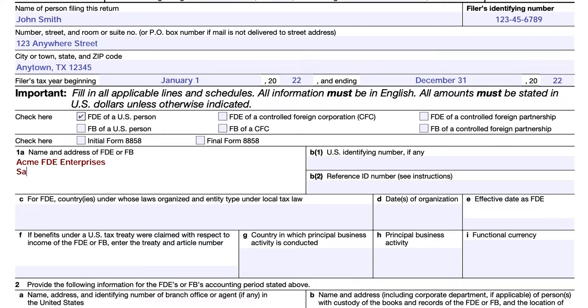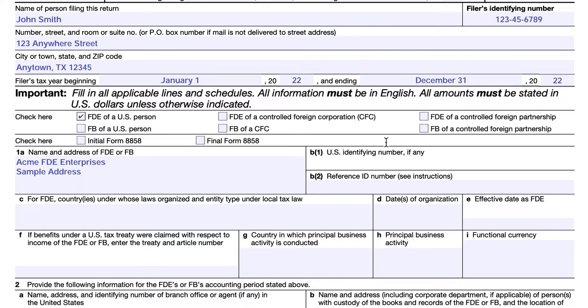We'll just put a sample address. I think everyone knows how to enter an address. And then the number in 1B1 would be an employer identification number, which is required to be able to treat this as an FDE.